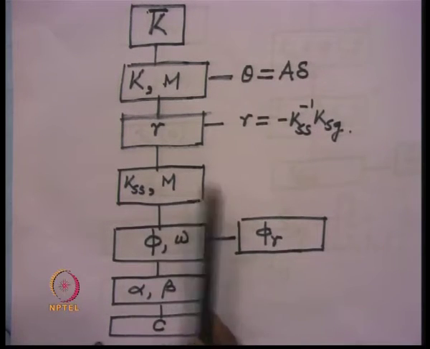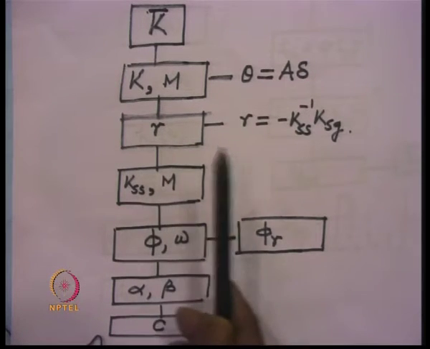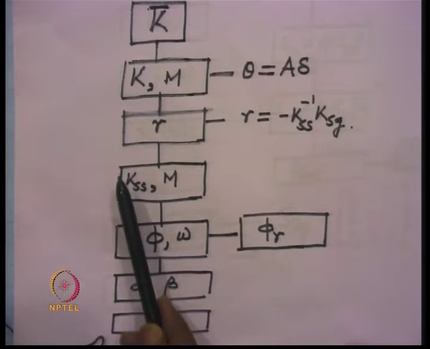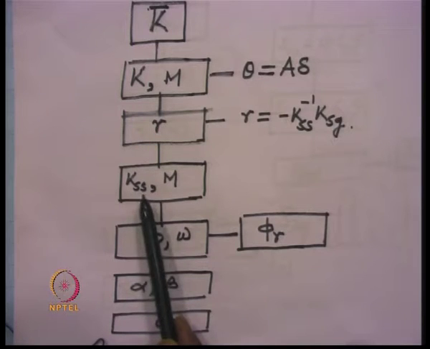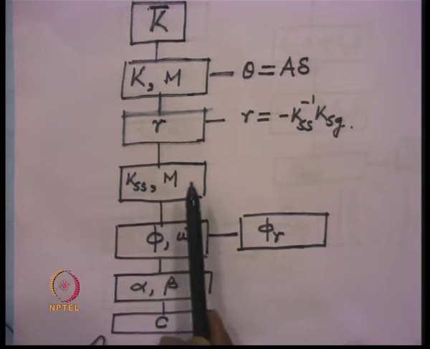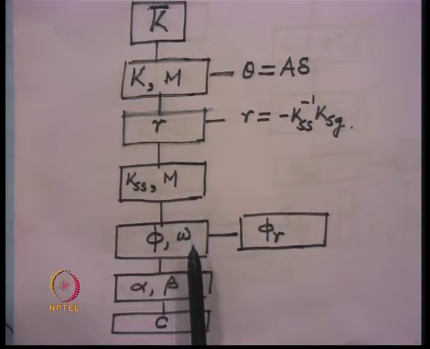So, after we have obtained for the multi-support excitation case this R and it is stored, then we have the non-support degrees of freedom, and corresponding to that the stiffness matrix and the mass matrix that we use for the solution. We obtain the phi matrix from these K_SS and M, and omega, the natural frequencies.